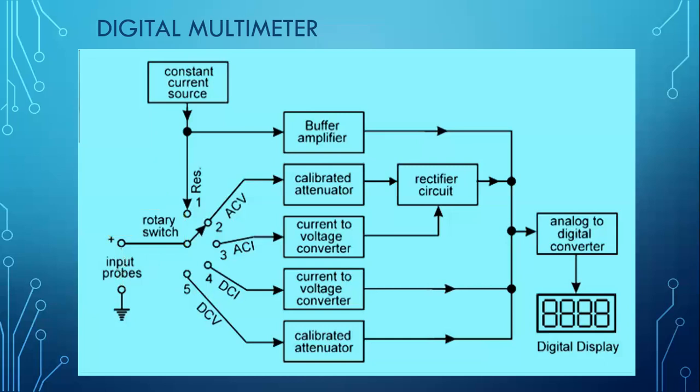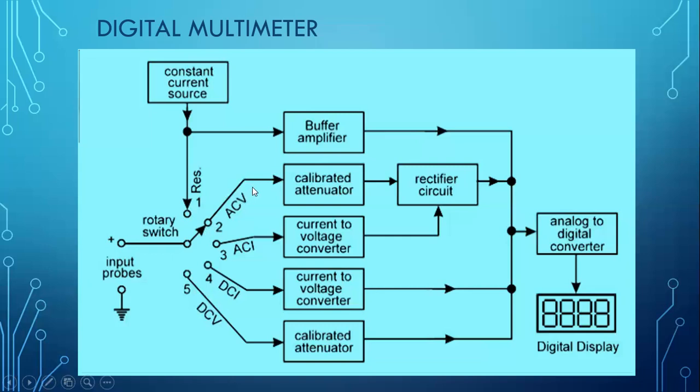Now we'll come to the AC voltage, AC current, DC voltage, DC current measurement. Whatever the voltage or current that we want to measure is applied across the input probes. For example, if I want to measure the AC voltage, then I have to connect this rotary switch to the terminal number 2.